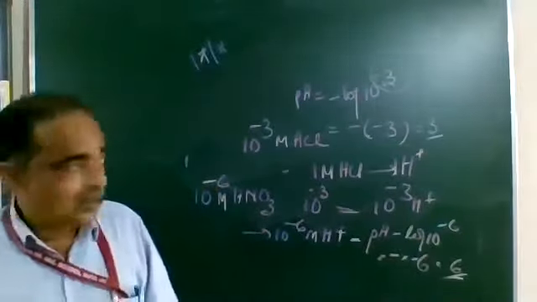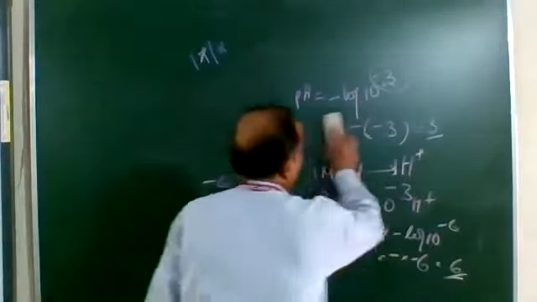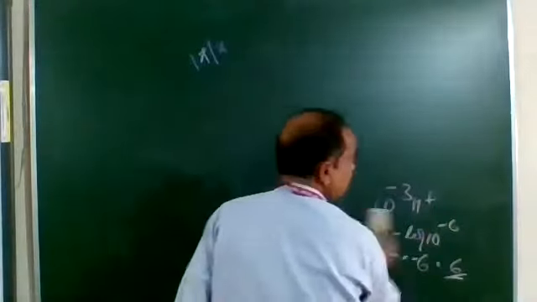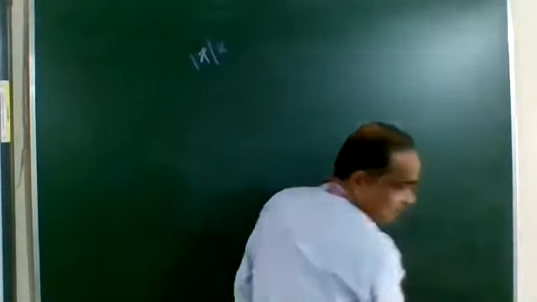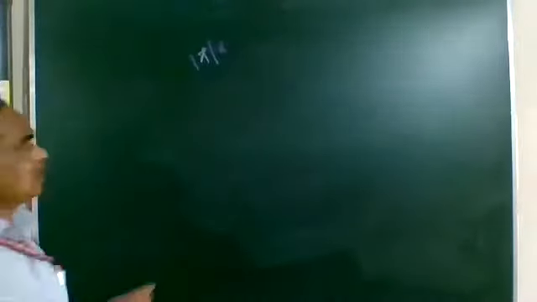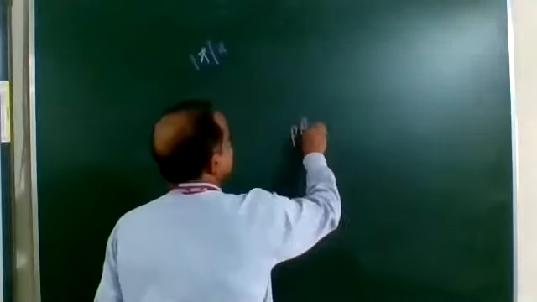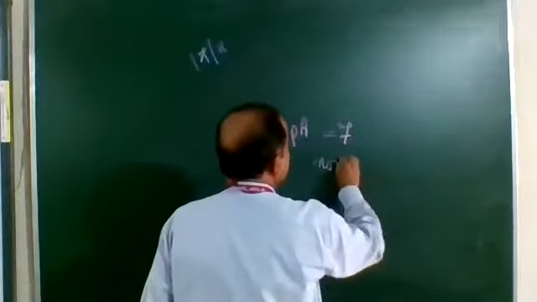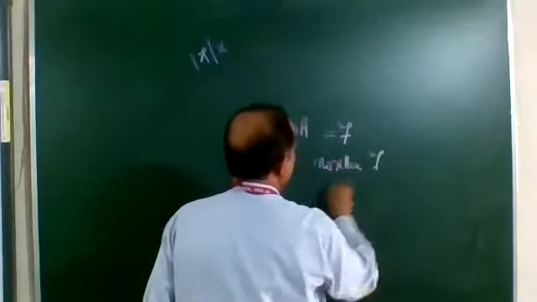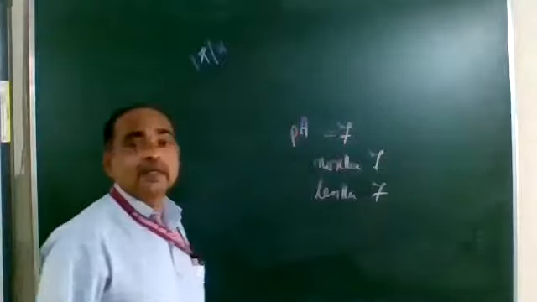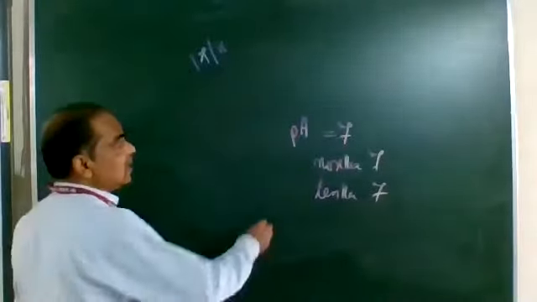Clear? Now, the numerical aspect of pH is not in the syllabus, but the qualitative aspect is. Understood? Qualitative aspect means the pH can be equal to 7, more than 7, or less than 7. So there are 3 options. Now understand it further.